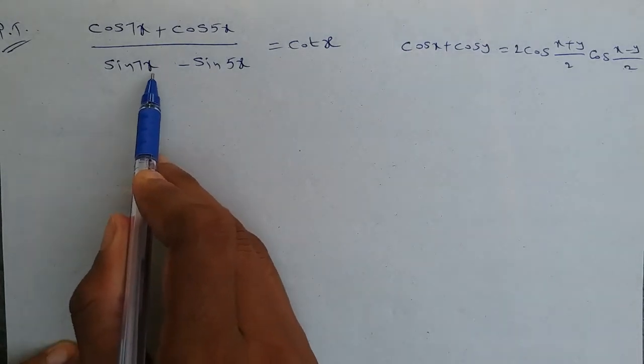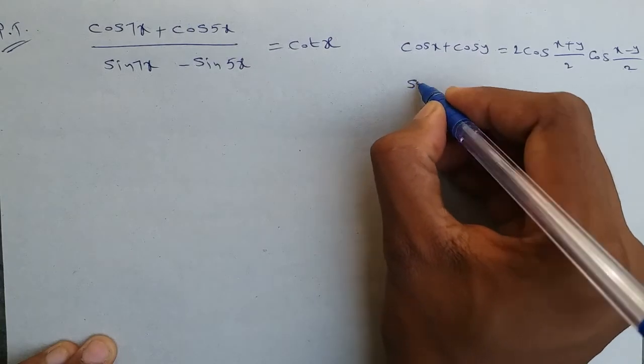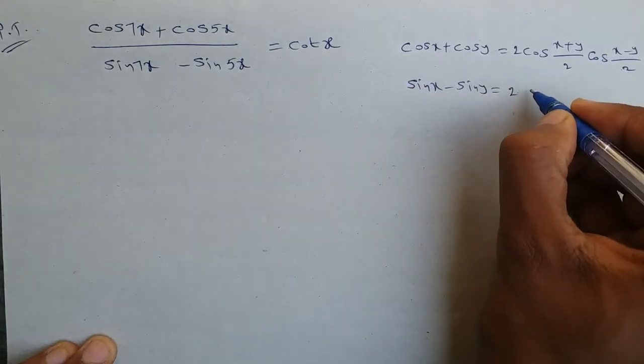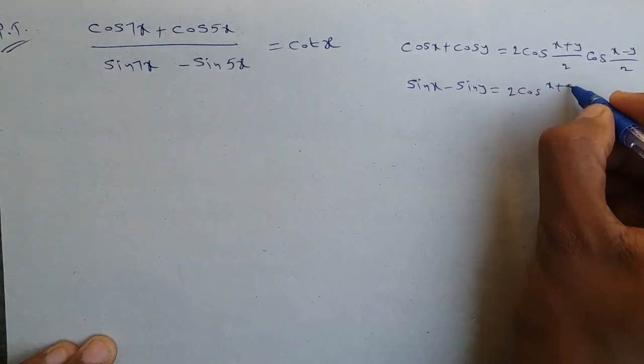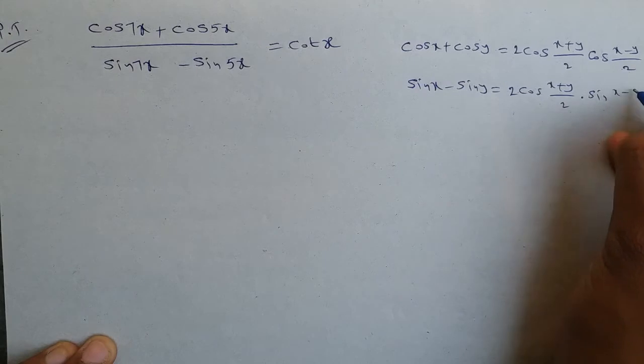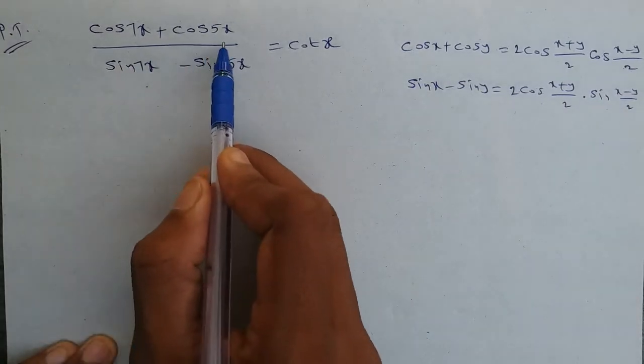Then sin x minus sin y. What is the formula for sin x minus sin y? Sin x minus sin y is equal to 2 cos of x plus y by 2 into sin of x minus y by 2. Here x means 7x, y means 5x.